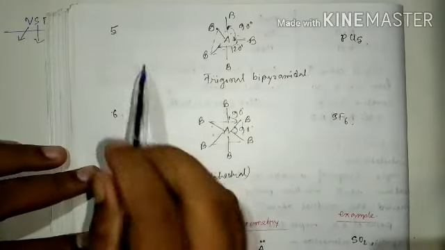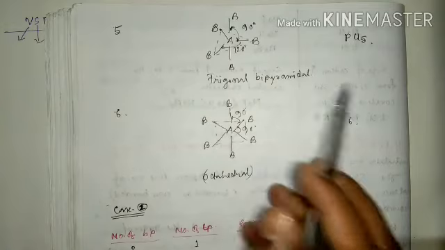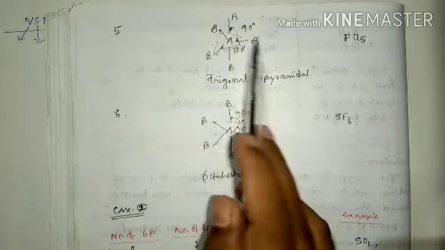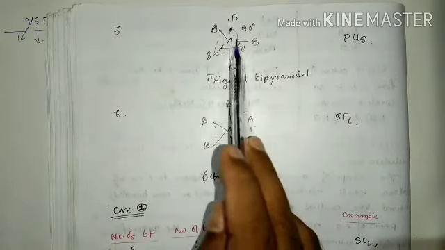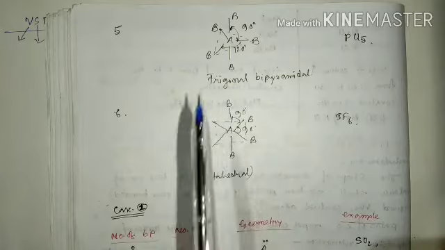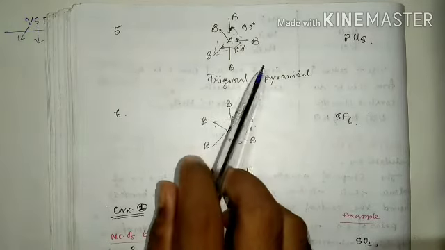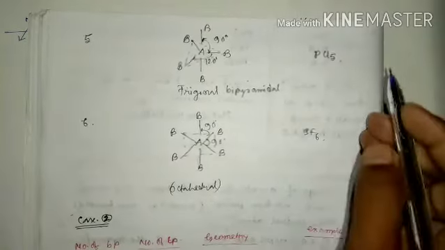If the bond pair is 5, then the structure is trigonal bipyramidal. Trigonal means 3 atoms in a plane, one B atom is on top of the plane, and one B is below the plane. Now why is it called bipyramidal?